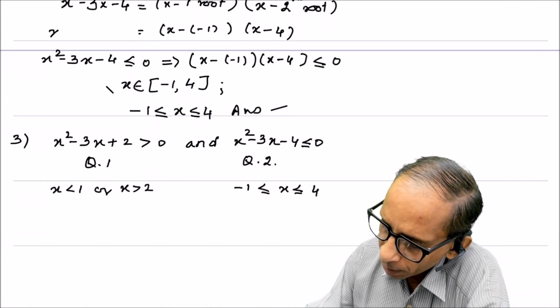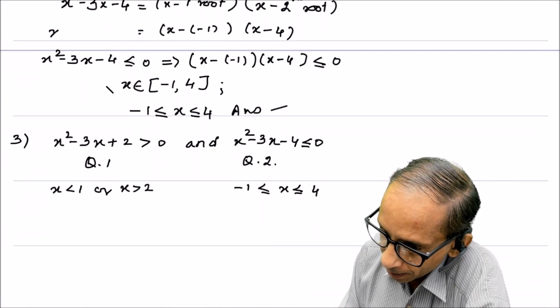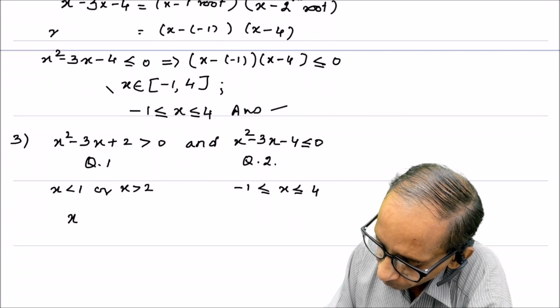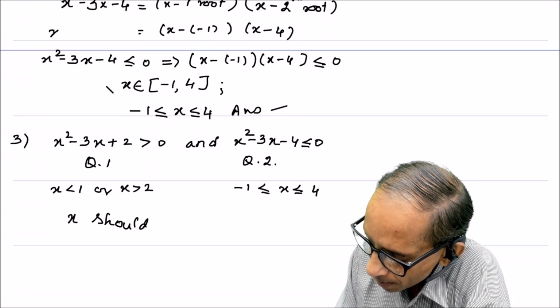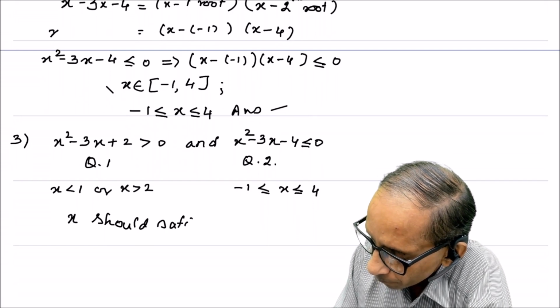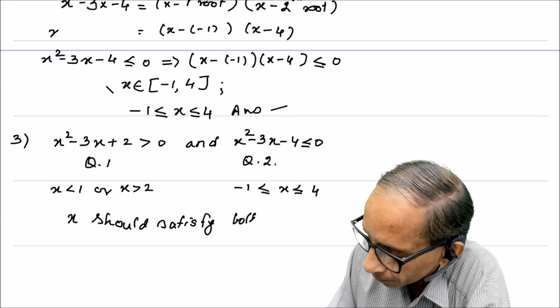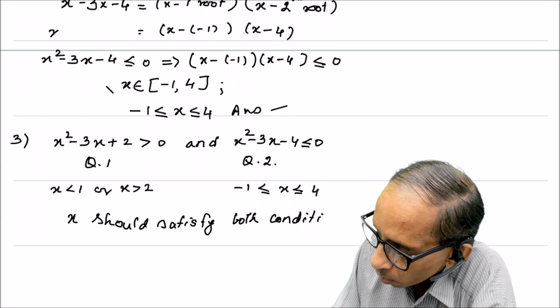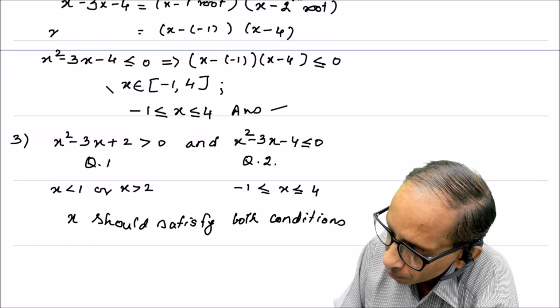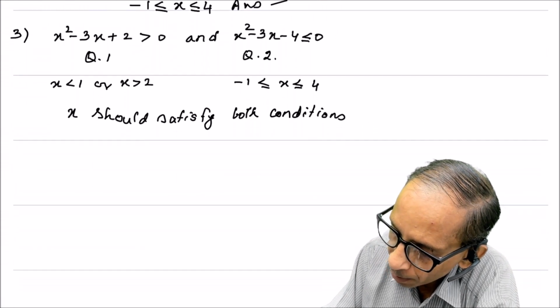Now, when both the inequalities are there, it means x should satisfy both conditions. So, how to find out which values of x are permissible?